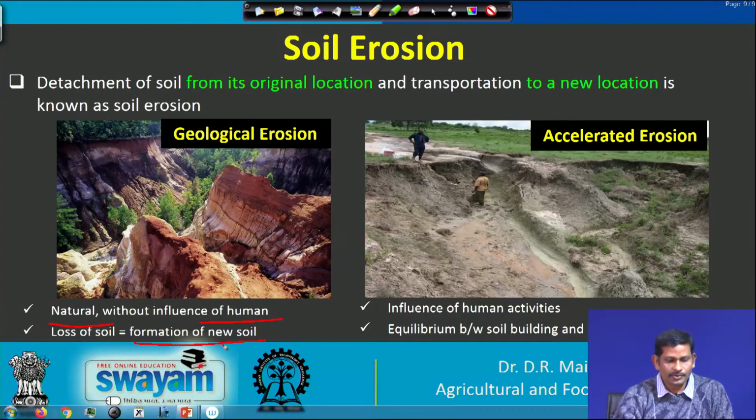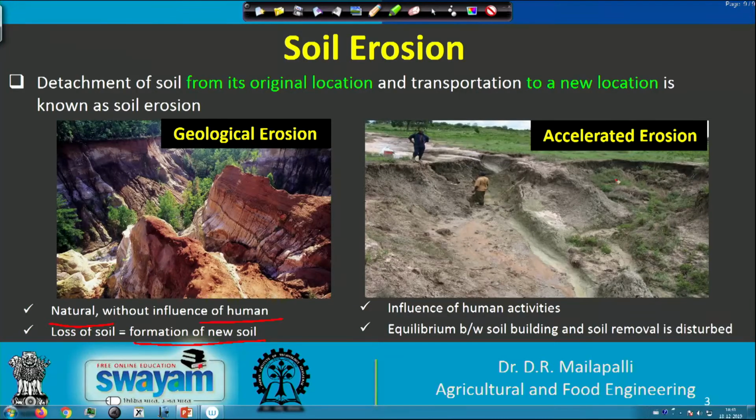It is a very slow process to form new soils, whereas accelerated erosion is completely based on human activity. For example, you have construction sites, farmlands and roads.